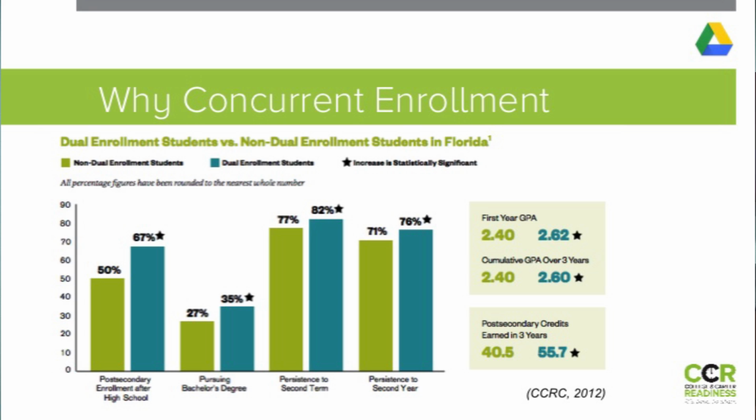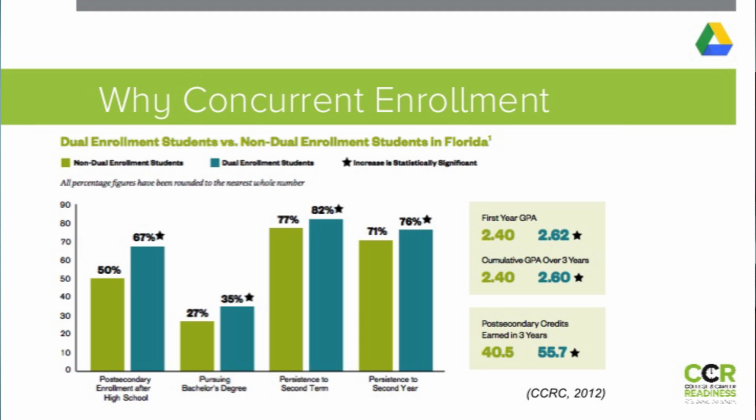So why concurrent enrollment? We hear this all the time. Oftentimes, college faculty in particular will say, well, gosh, why do our high school partners want our high school students to take college courses? Why can't they just wait until they get to the college and then take college courses? Well, the reality is that you can see here this one research slide that shows the Community College Research Center in 2012 published a study based on student enrollment in Florida, which has a very aggressive concurrent and dual enrollment legislative language and structure in that state.